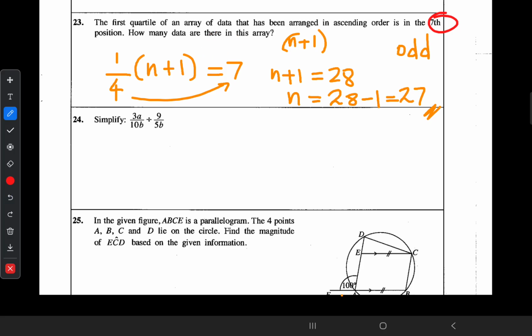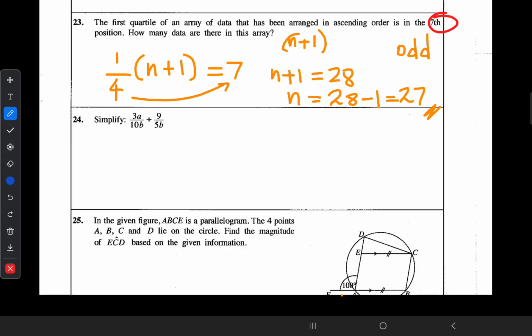Otherwise, dividing an odd number by 4 will give you a decimal, no? So we cannot have a decimal number of data in the array. That's why we are adding 1, to avoid that instance.